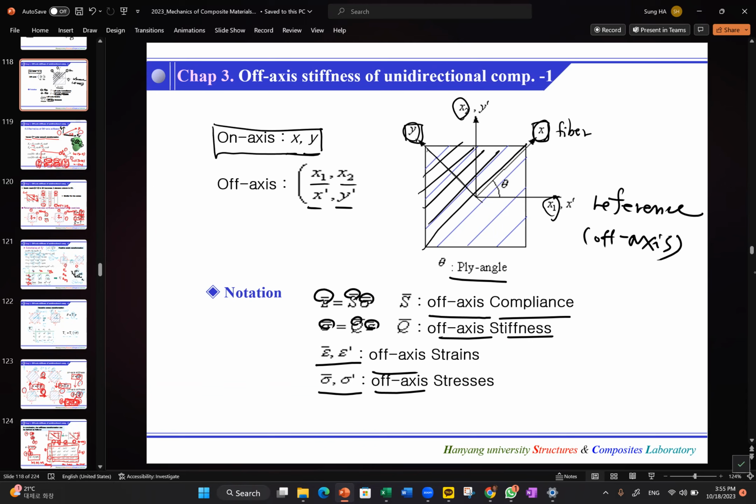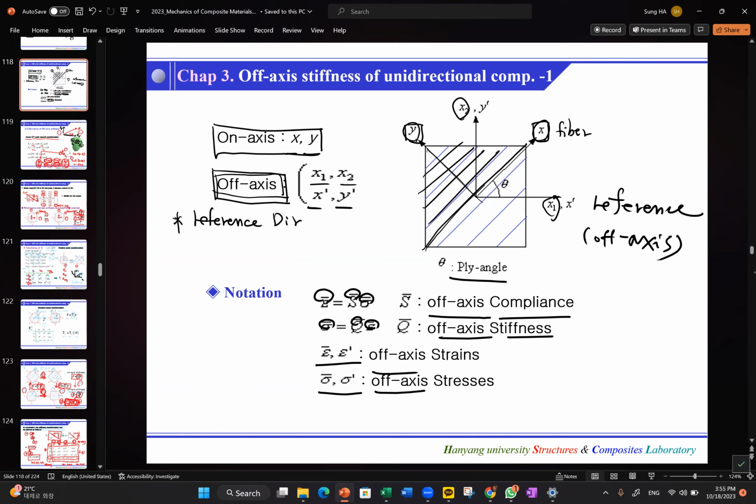And x1 and x2, x prime and y prime, we call the off axis. The off axis is, in other words, the reference direction, but with respect to the on axis, this is the off axis. That's why it is called the off axis.